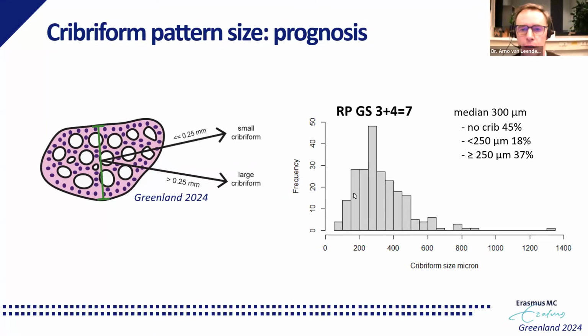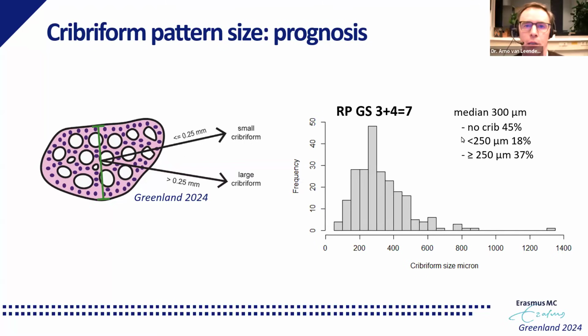Here, if you look at this nice histogram of Gleason score 3+4 prostate cancer, you will see that in most patients cribriform pattern will have a size of around 300 micrometers. So 250 micrometers would just be beyond that. And there is a very large tail on the right, with some lesions going up to almost 1 millimeter.